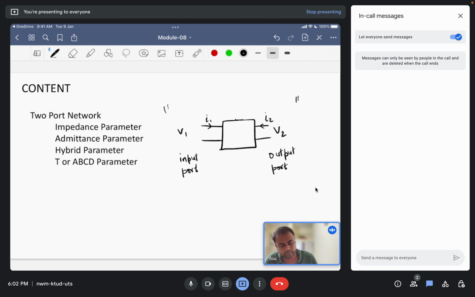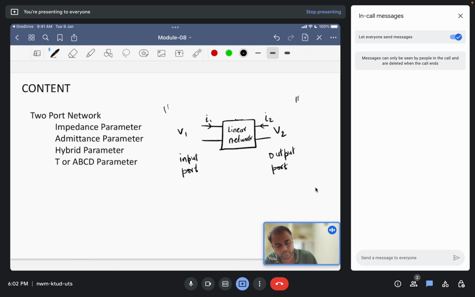Okay, so let us begin. One more thing here: this network has to be a linear network. The meaning of linear network here is that the transfer function should obey the linearity property.